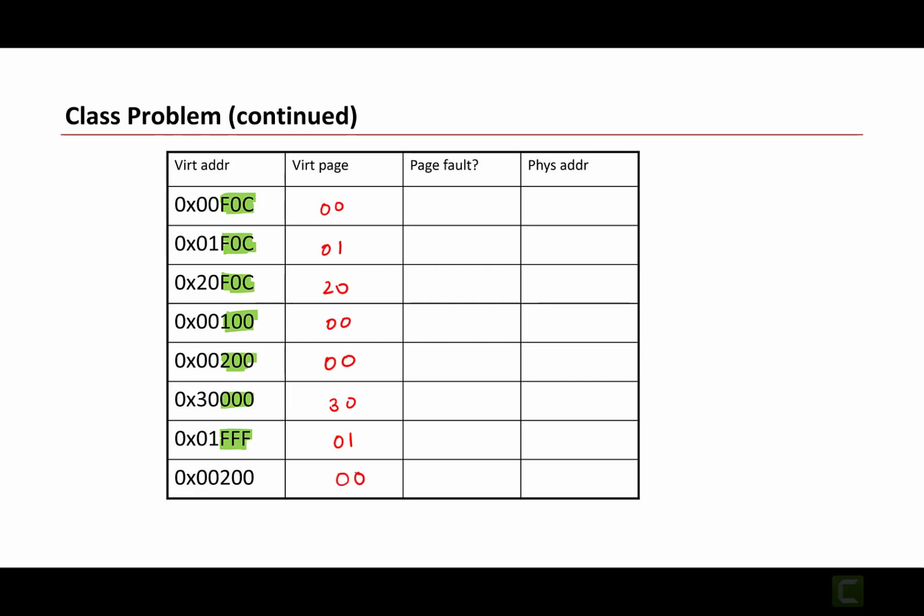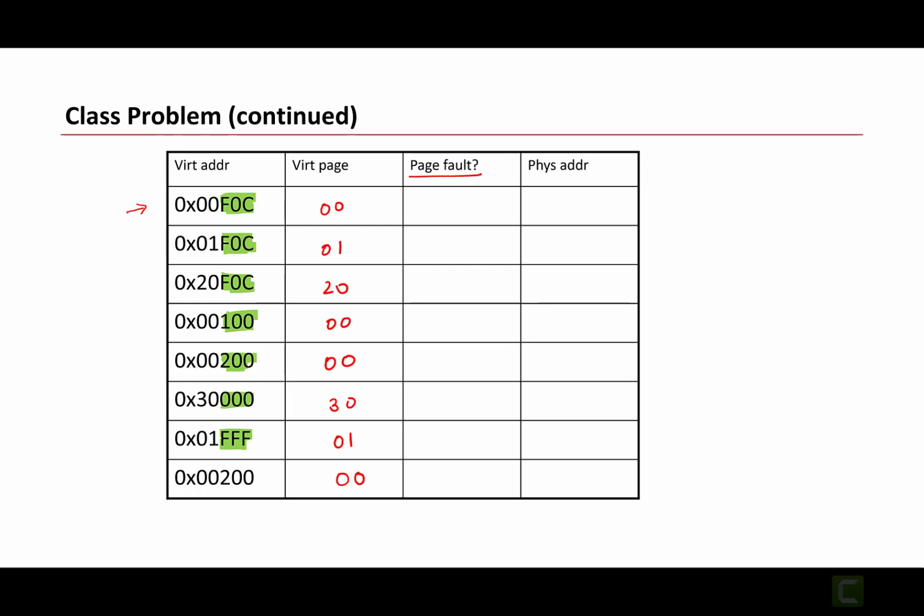Now the problem asks you to determine whether access to this particular address is going to be a page fault or not. A page fault is nothing but like a cache miss in the case of a cache. So when a memory access does not find data in main memory, it is considered a page fault. Now let's think about whether an access to this virtual page 0 would be a page fault or not.